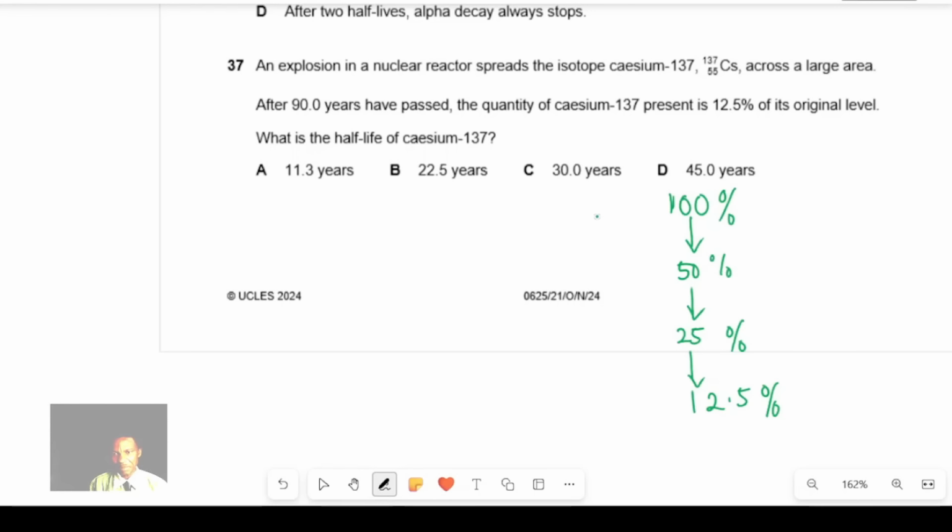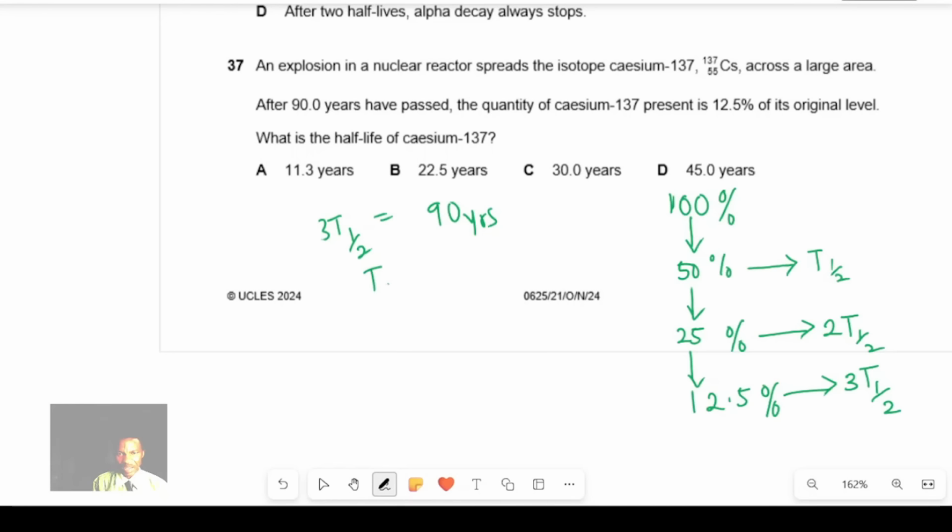This is at 0 time. This point here is the first half-life, then the second half-life, then the third half-life. So 3 half-lives give you 90 years. One half-life is equal to 90 divided by 3, which is equal to 30 years. So the half-life is 30 years.